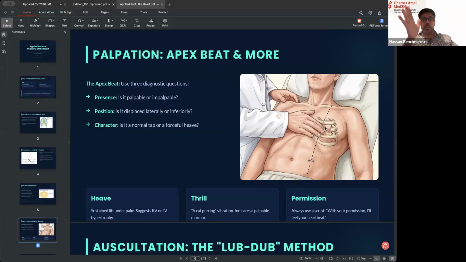And when I feel it, then I move my hand so that it hits here. When I finally hit it, I see how far it is. Is it present? Is it displaced laterally and inferiorly? And is it a normal tap or is it a forceful heave?